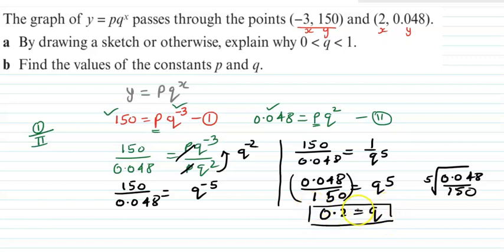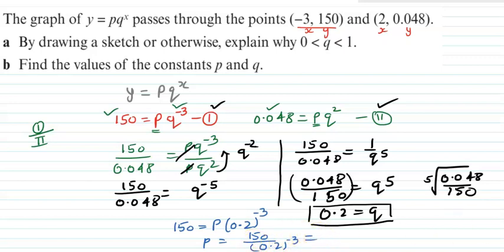Once you got q, you can put it in any equation, either equation 1 or equation 2. So let's put it in equation 1. So equation 1 is 150, p we need to find, and q is 0.2 to the power -3. So p should be 150 divided by 0.2 to the power -3.